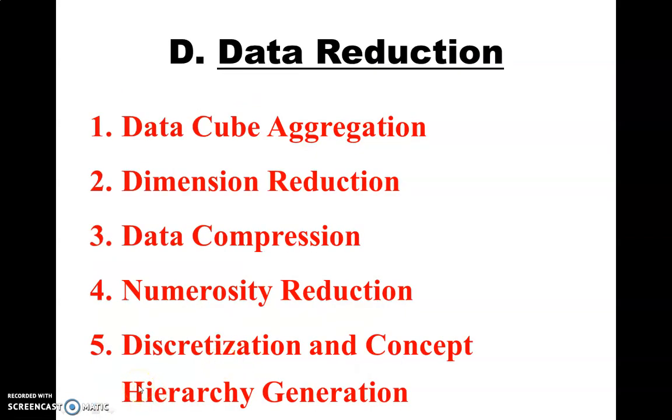Next we will see dimension reduction. The second strategy is dimension reduction. Here irrelevant, weakly relevant or redundant attributes or dimensions are detected and removed.